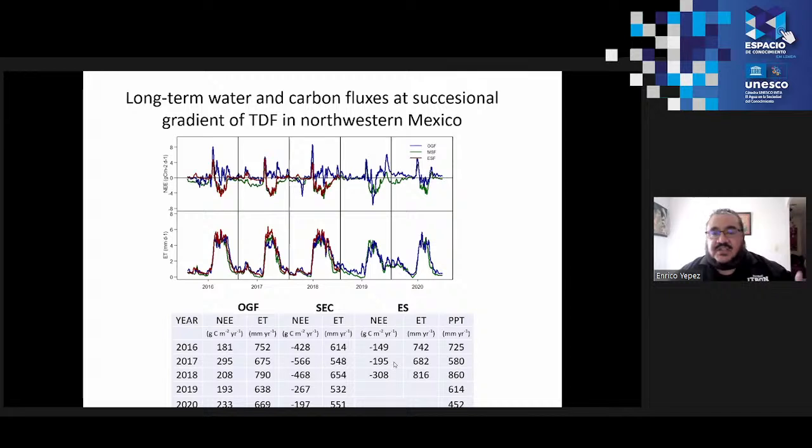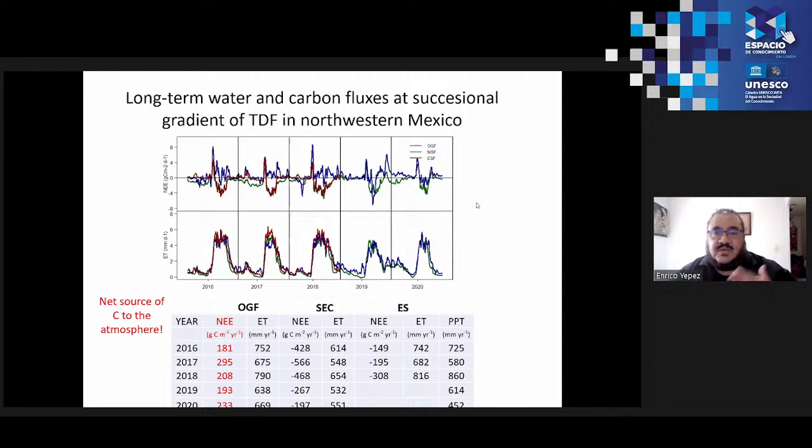Then the early succession, which is a recently abandoned site, is gaining carbon, but not as extremely as the secondary site. But when we look at our old growth forest, we're seeing that it's a net source of CO2 to the atmosphere. You can see the blue line here is showing values that are actually leaving the ecosystem.